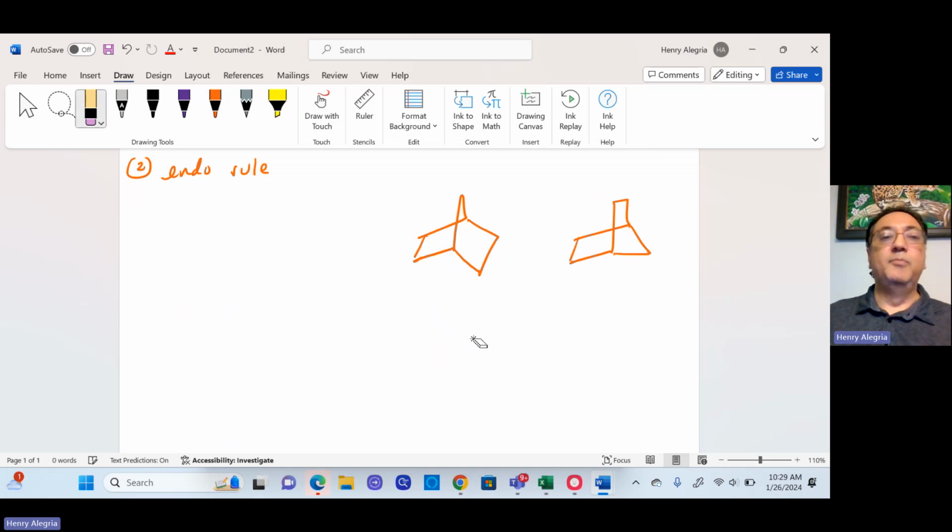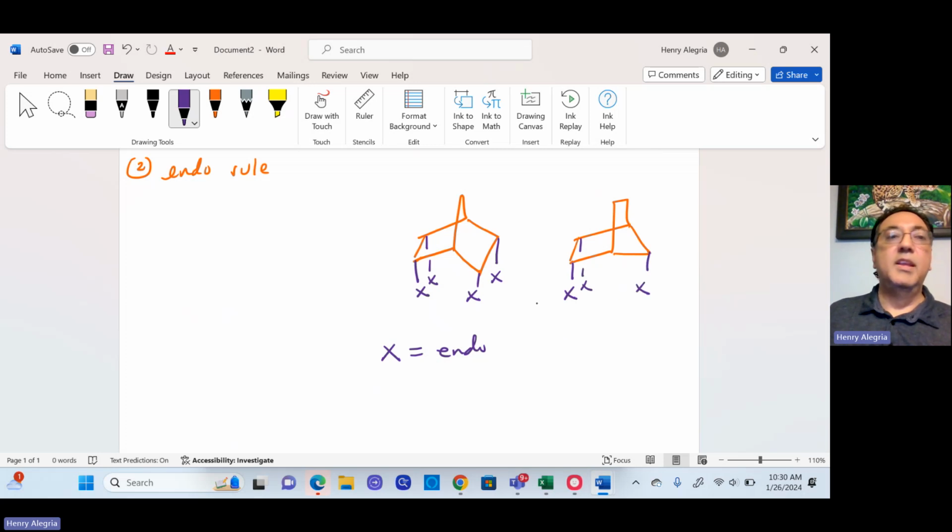So for example, on this, any substituent X that's pointing downwards like that, downwards like that, downwards like that, this would be the endo orientation. So here, this would be the endo orientation that you'd have at these positions.